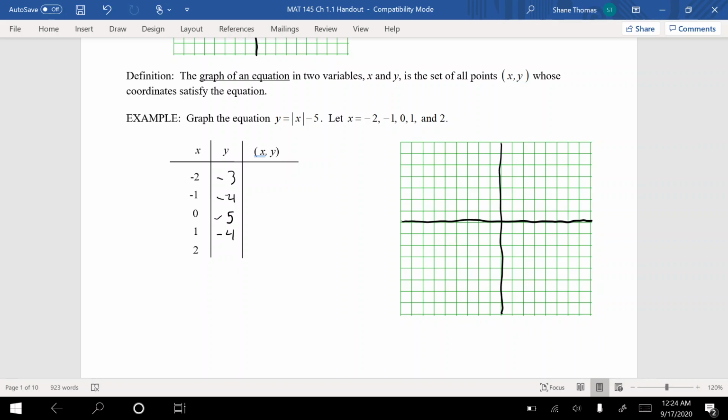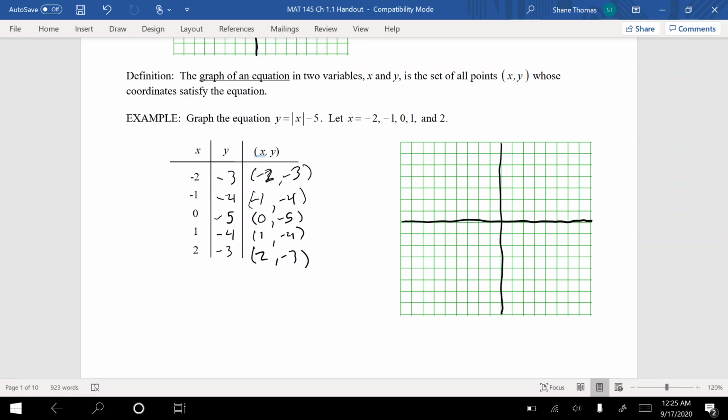Absolute value of 2 is 2, minus 5 is going to be -3. That's going to give us the points (-2, -3), (-1, -4), (0, -5), (1, -4), and (2, -3).